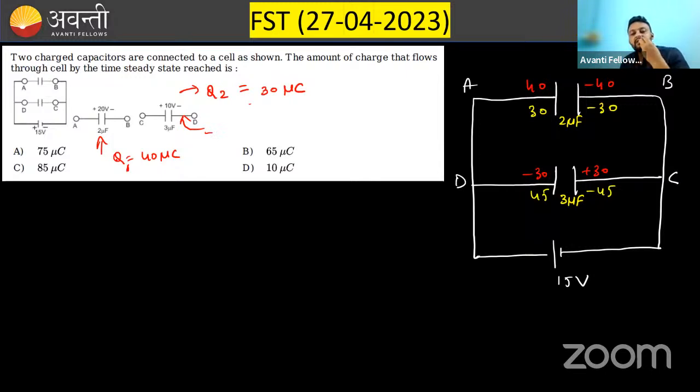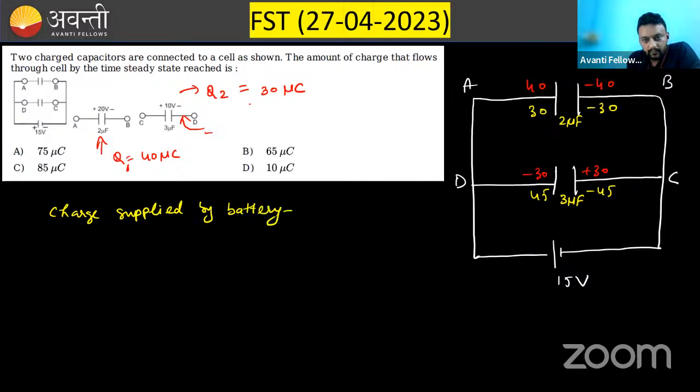Now I have the charge distribution. So what is the charge that is being supplied by the battery? Charge supplied by the battery is final charge minus initial charge. If I do final charge minus initial charge, then we will get the charge supplied.